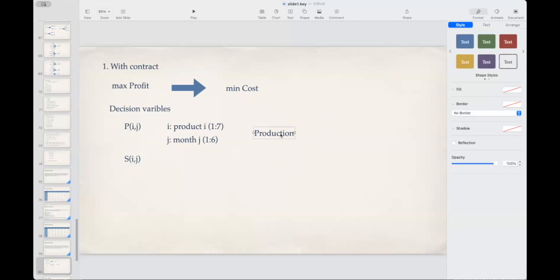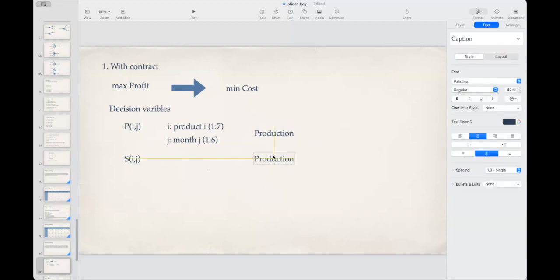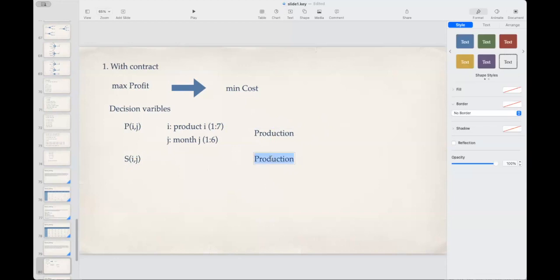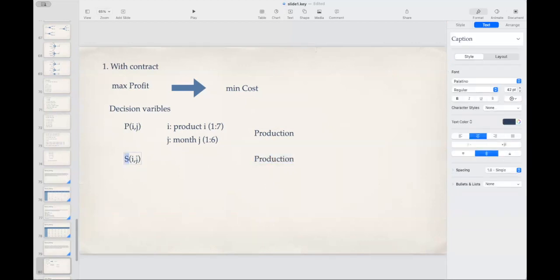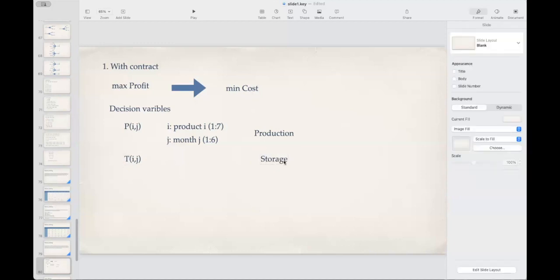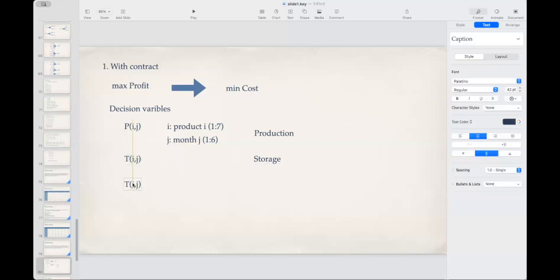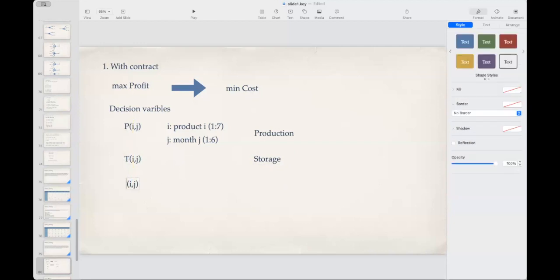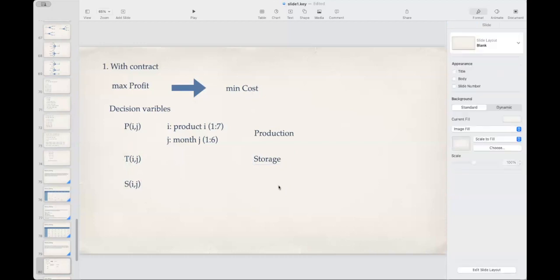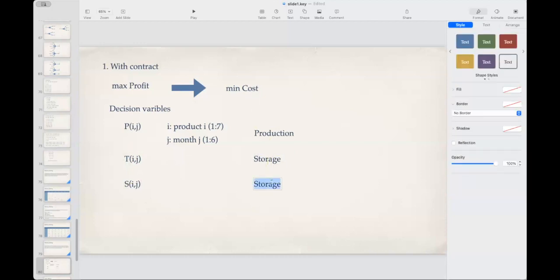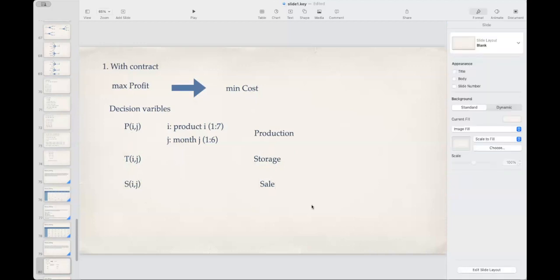This is production, and S is storage. Because we have another term which is sell to customer, storage should be T then. Yes, T for storage, right? And the other one is S_ij, for sell.